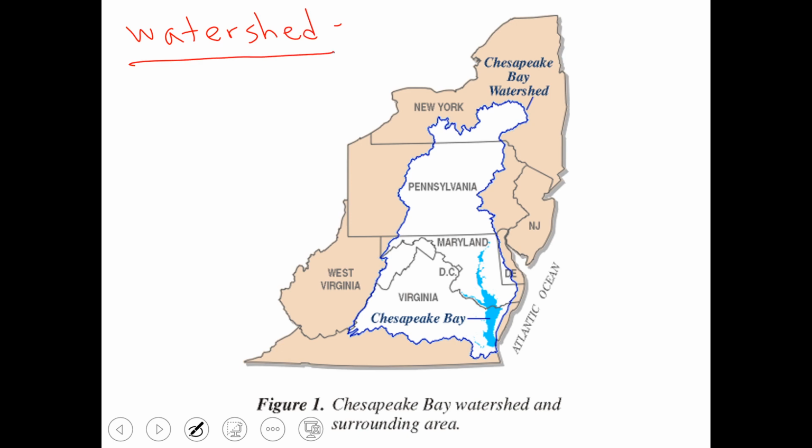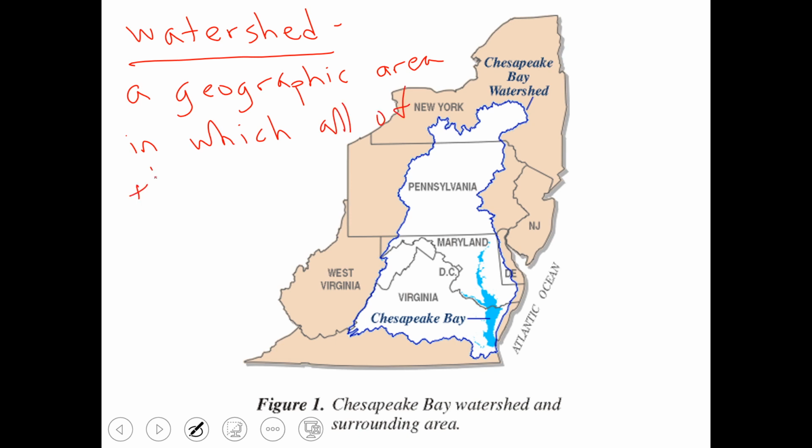A watershed is just a geographic area in which all of the water drains into the same place. I apologize for my terrible handwriting with this stylus here.